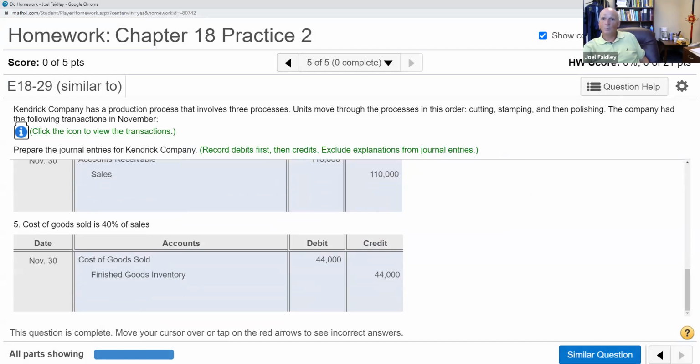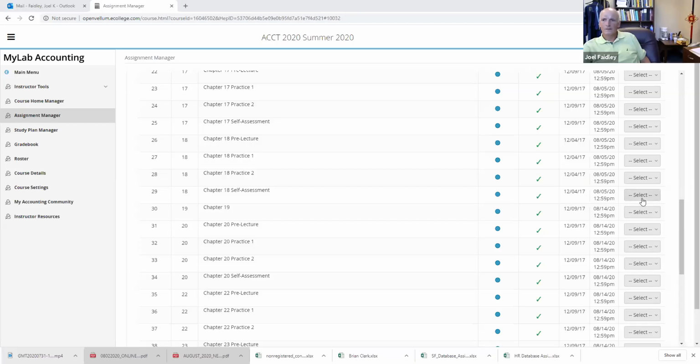All right, one exercise left, and it's a long one, but it's a good one. Self-assessment. You won't believe this is the second time I've done this chapter. I used a different webcam that's supposed to be better the first time through.